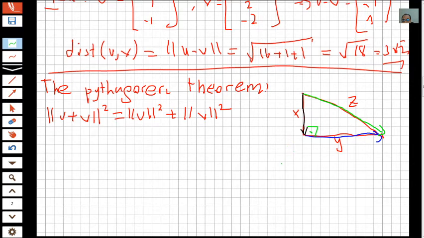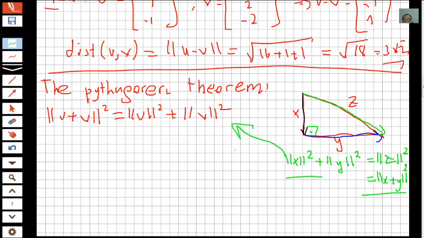We will prove that the square of the length of x plus the square of the length of y is equal to the square of the length of z. Actually, z is the addition of x and y, therefore we have x plus y squared. So this is called the Pythagorean Theorem. Okay, so how can we prove this theorem?